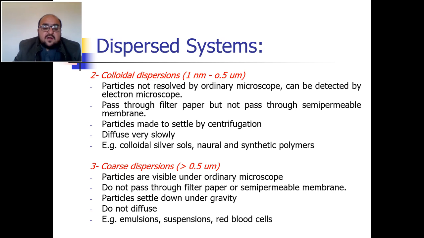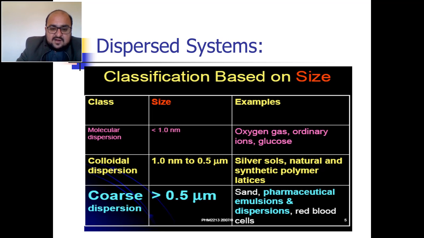The classical examples of coarse dispersion are emulsion, suspension, and red blood cells. We have already discussed in pharmaceutics emulsion, suspension, and red blood cells. They do not diffuse, but the particles settle down under gravity.